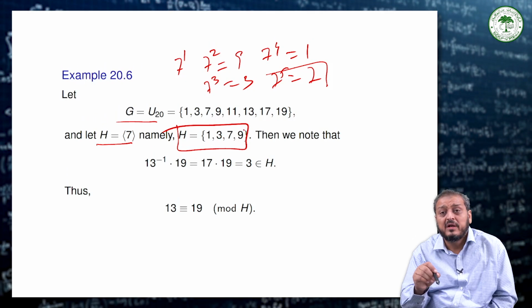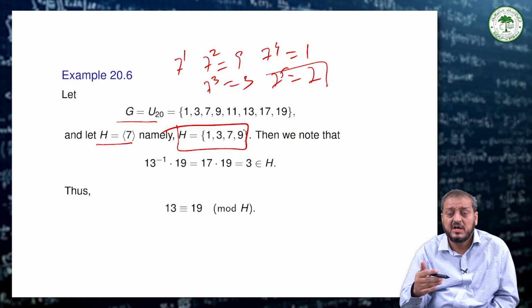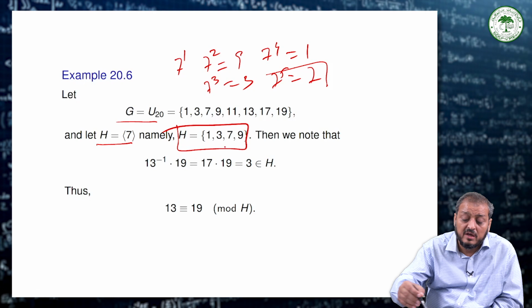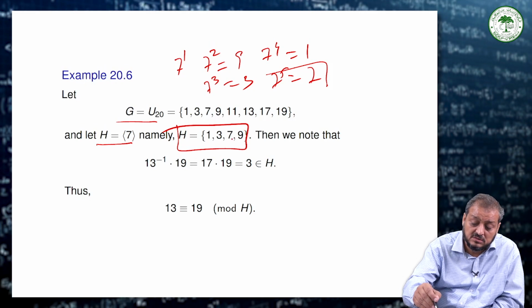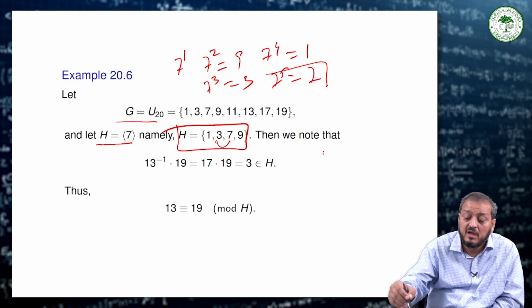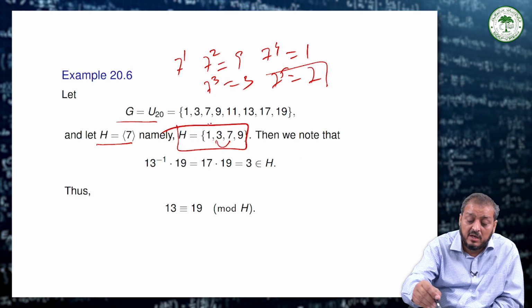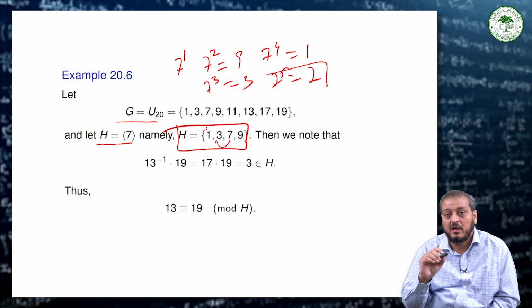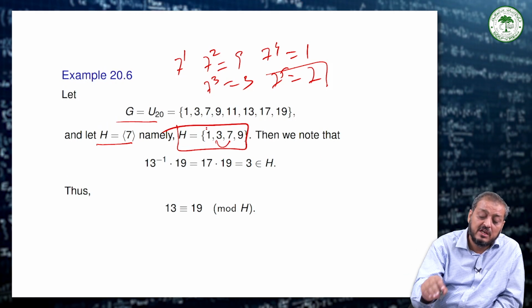You take all the elements: it is closed, 1 is the identity element, and there is an inverse for each element. If you take 3 times 7, 3 and 7 are inverses of each other, 9 times 9 is the inverse of itself, and 1 is its own inverse. So every element has an inverse.